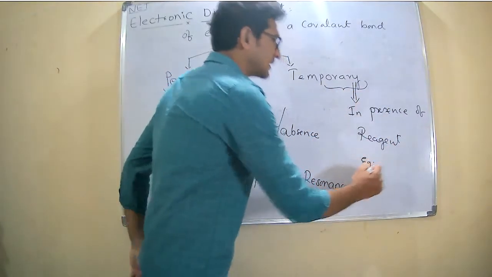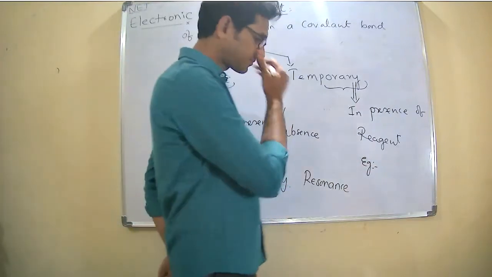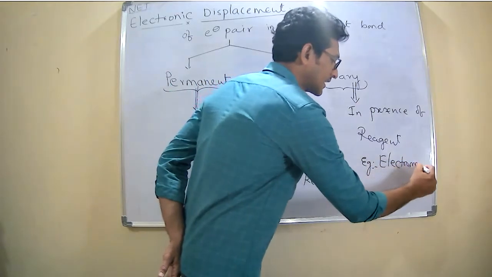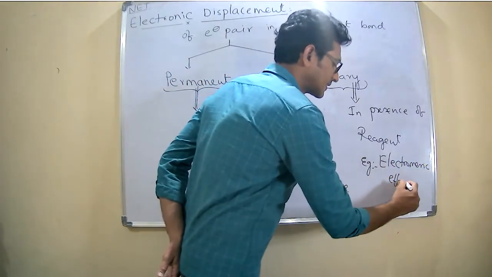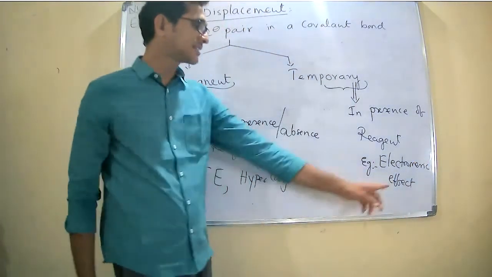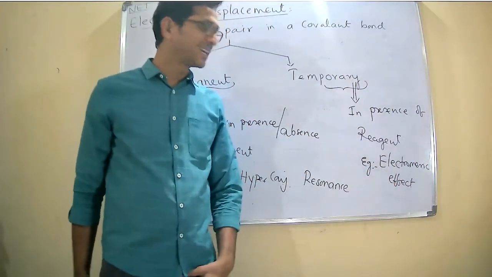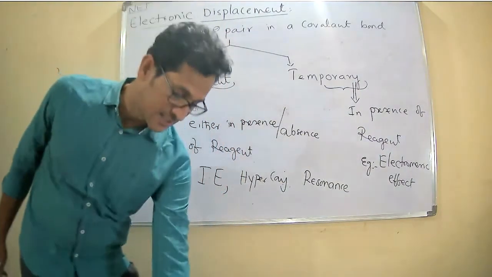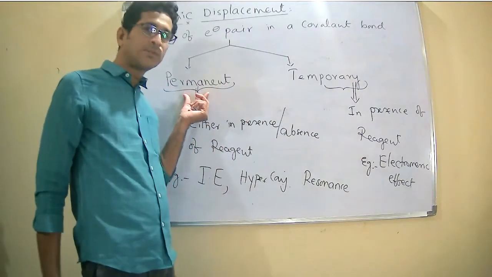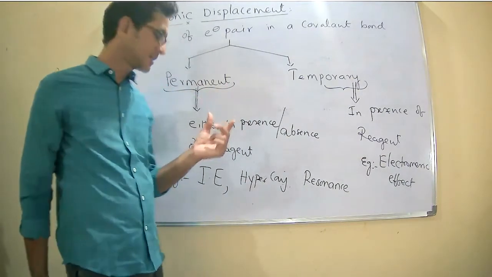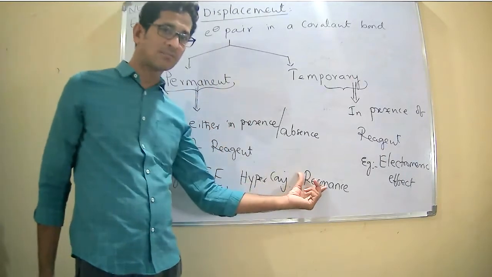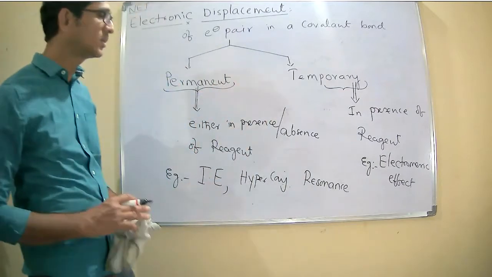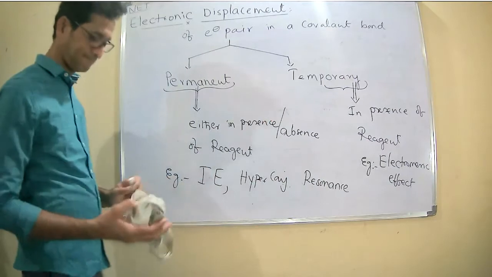An example of temporary electronic displacement is the electromeric effect. Now, first we look into the permanent electronic displacement. We have three types of permanent electronic displacement. First, the inductive effect.